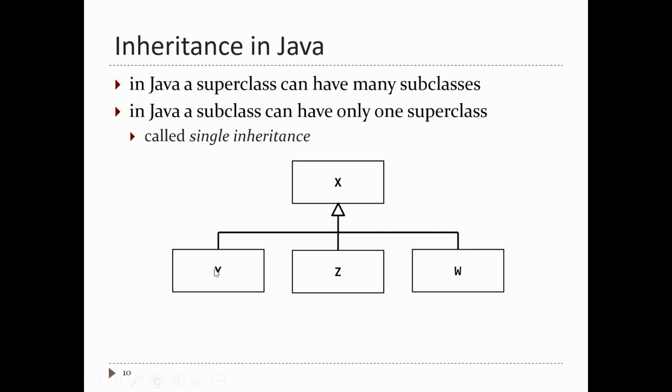The only direct superclass of Y is X, and there's no way in Java to have more than 1 direct superclass. So Java implements what's called single inheritance. Other languages like C++ implement multiple inheritance, where a subclass can have more than 1 superclass.